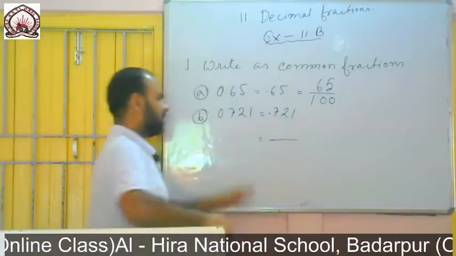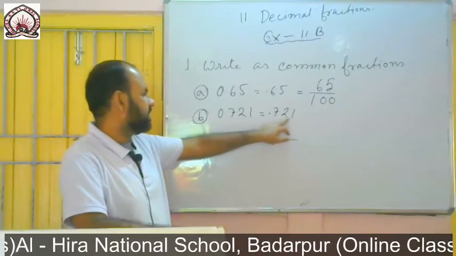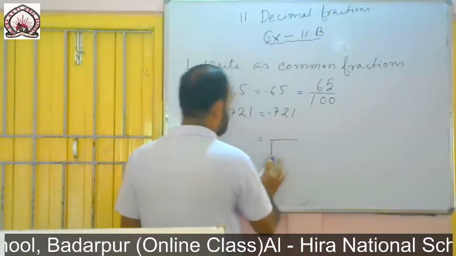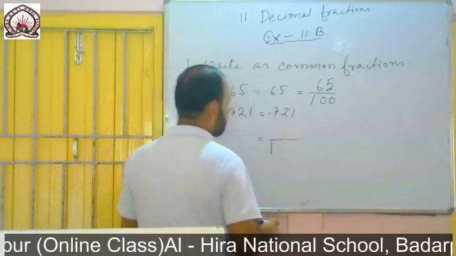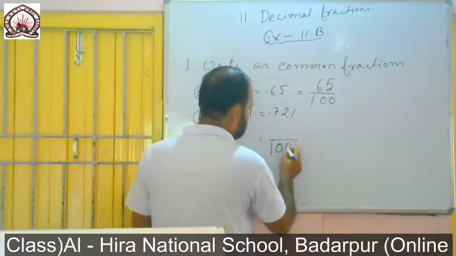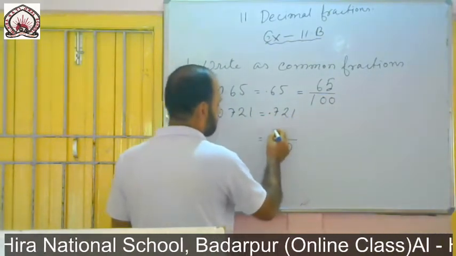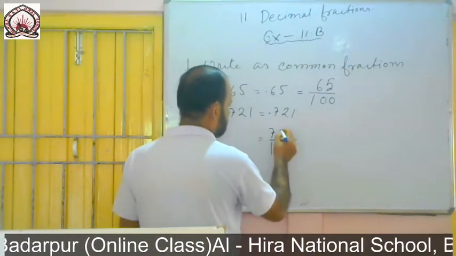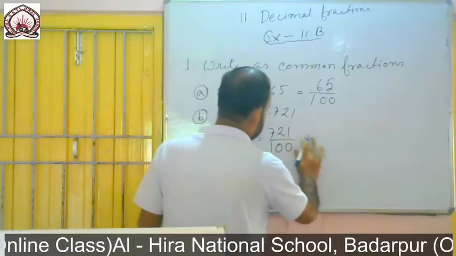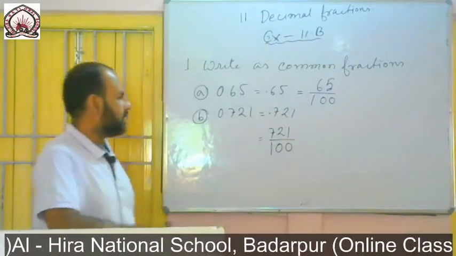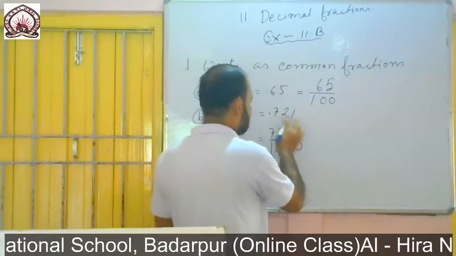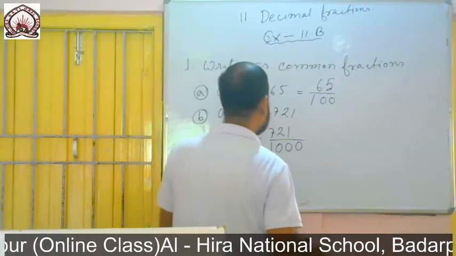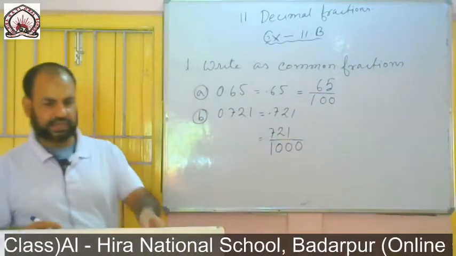Here we get 3 digits after the point. So first we give 1, and then we give 3 zeros and write this number without the point, 721. 721 by 1000. There are 3 digits, so 3 zeros. So the answer is 721 by 1000.